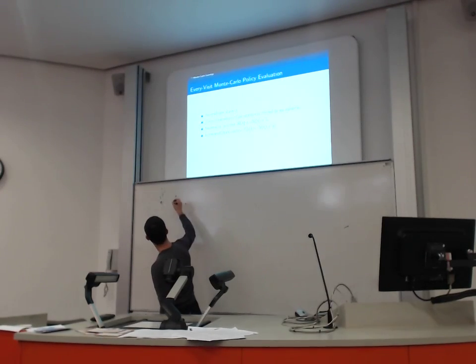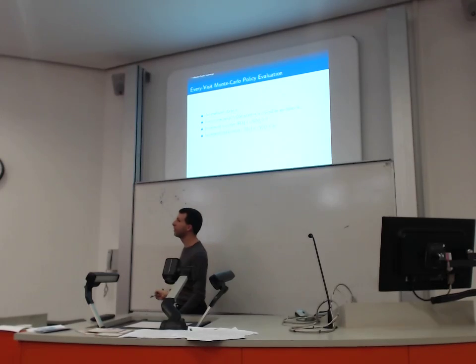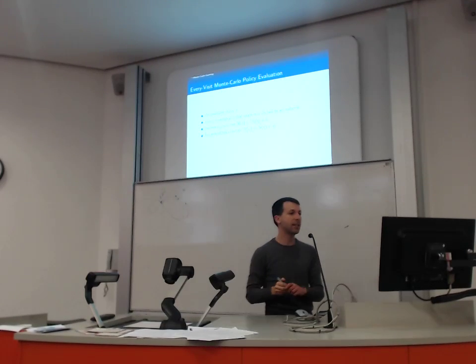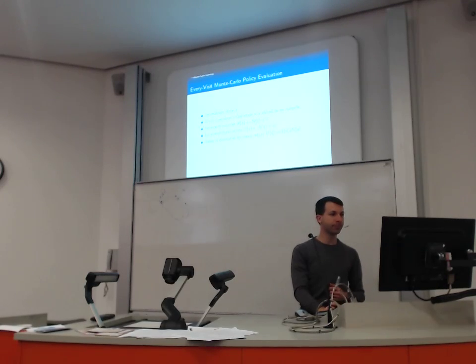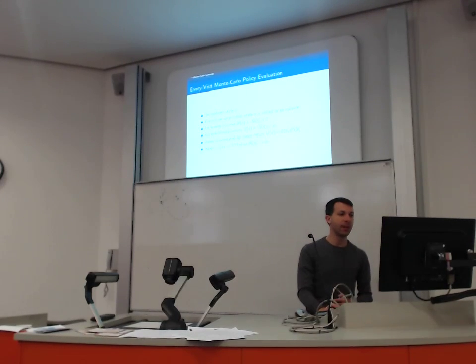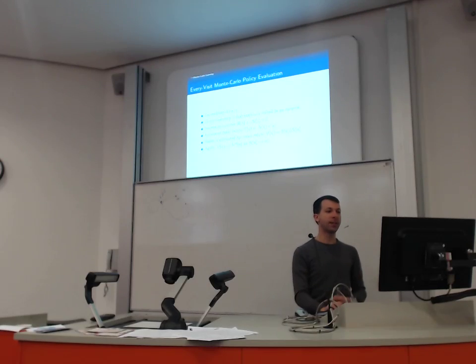The first time it gets maybe 100. Second time it gets 20. And last time it gets 3. And we're going to include all of those in our mean. We're going to take the mean of all of those things. Okay. And again, by the law of large numbers, this actually converges on the true value function.